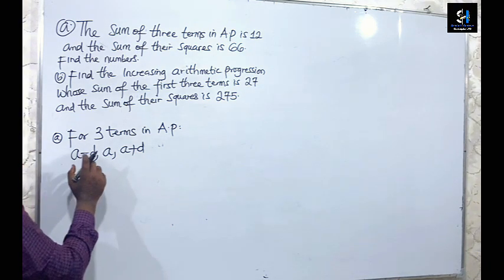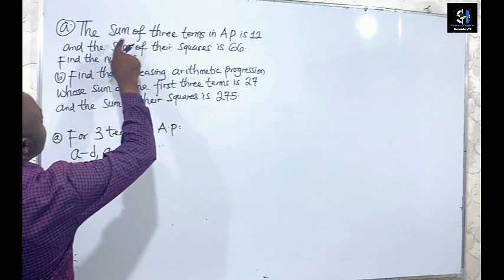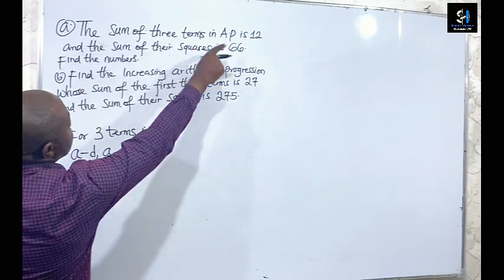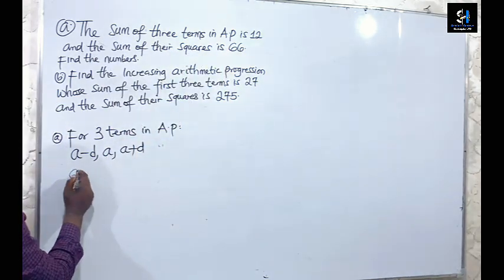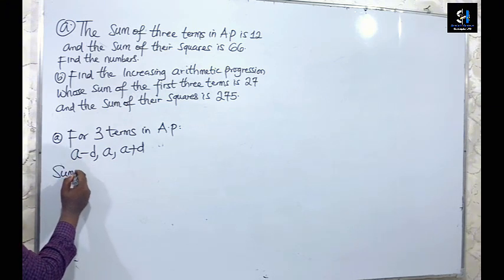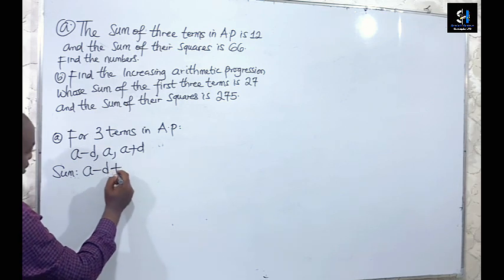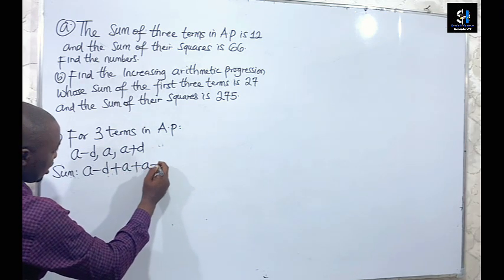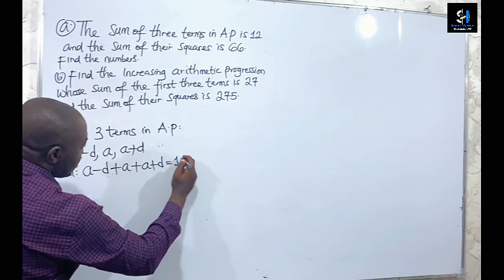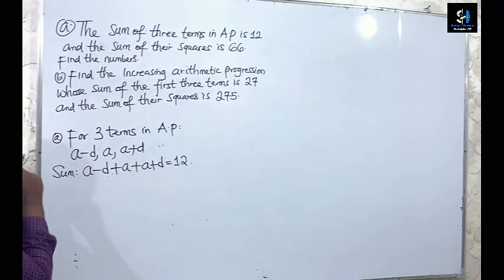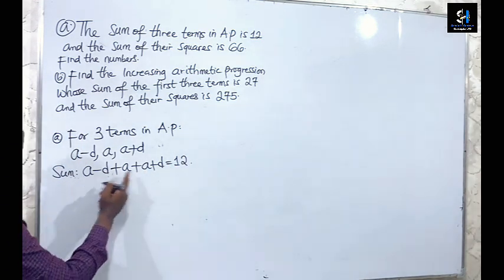The first statement in the question is that the sum of the three terms is 12. So when we add them together, A minus D plus A plus A plus D is equal to 12.